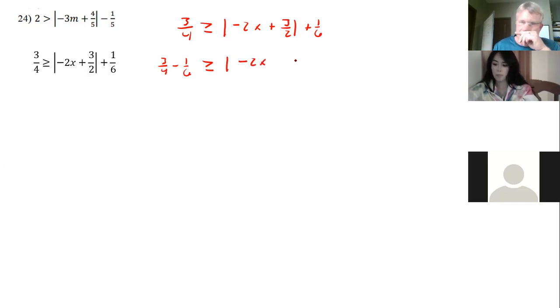Is that okay? And so we need a common denominator, and what's the best choice for common denominator? 12. So we would be multiplying that by 2/2 and this by 3/3. So we'd get 3 times 3 is 9 minus 1 times 2 is 2. We'd get 9 minus 2 is 7/12.